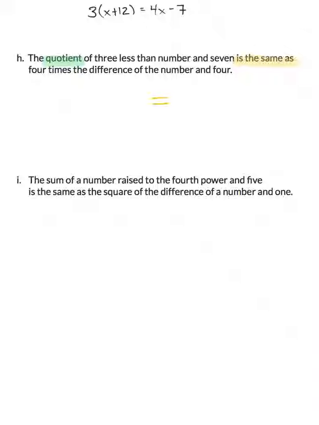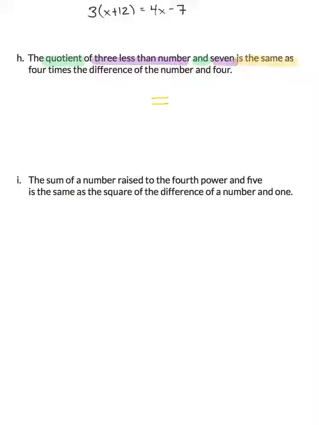Remember that we want to replace the word "and" with our division sign. So what we have here is I have the quotient of 3 less than a number and 7. So my 3 less than a number is going to be the top, and my 7 will be the bottom.